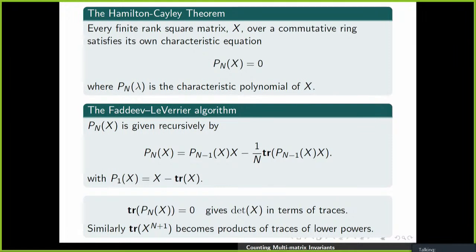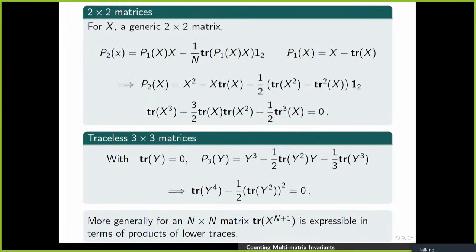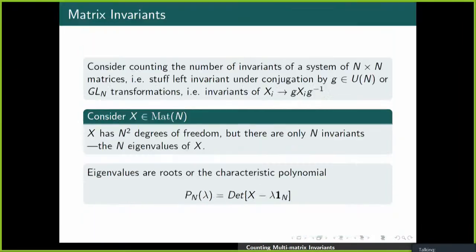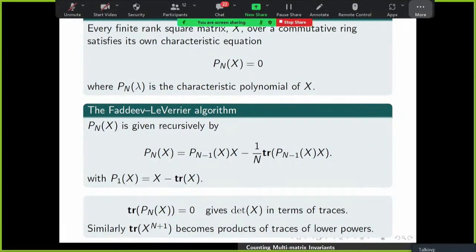P_n(lambda) would be the characteristic polynomial given by this determinant. There's a well-known, or should be well-known, relation for generating the characteristic polynomial. It's due originally to Leverrier in 1854, and you can get P_n from P_{n-1} via this expression here.